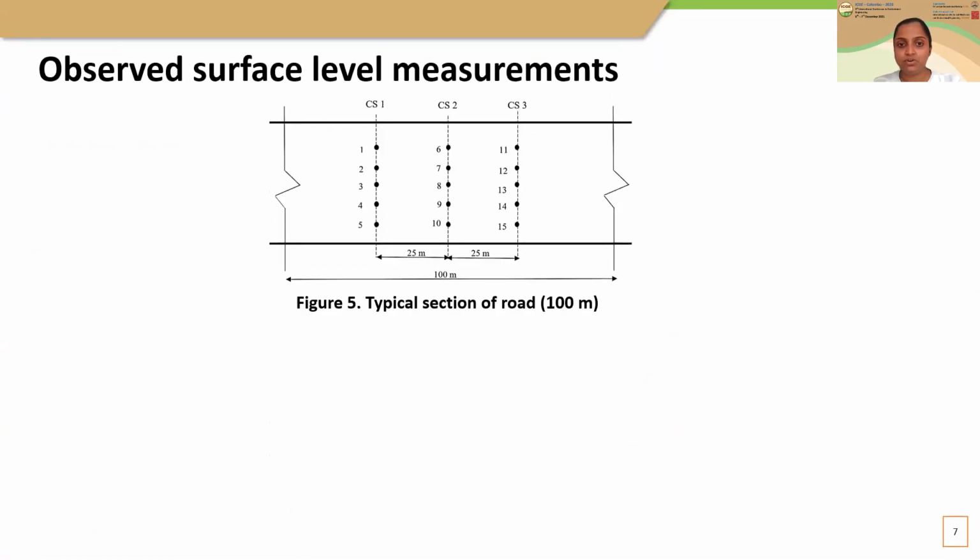This is the typical view of a section. It is 100 meters in length, and this typically has 3 cross sections, and at each cross section 5 measuring points were established. So altogether there are 15 points per each 100-meter section, and 3 sections were considered for this road.